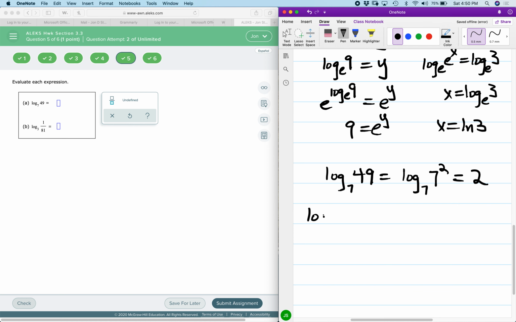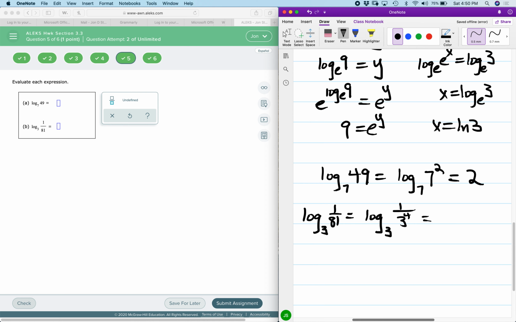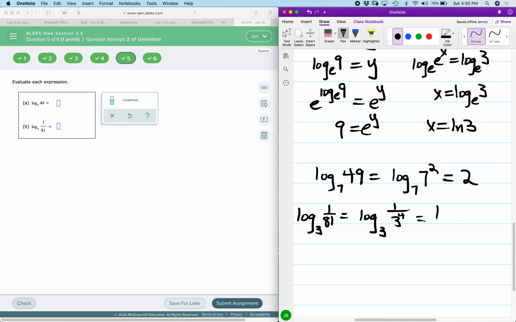For the base 3 logarithm of 1 over 81, 81 is both a multiple and an integer power of 3; it's 3 raised to the 4th power. Now we're looking at the reciprocal, so we're not looking at the base 3 logarithm of 3 to the 4th.